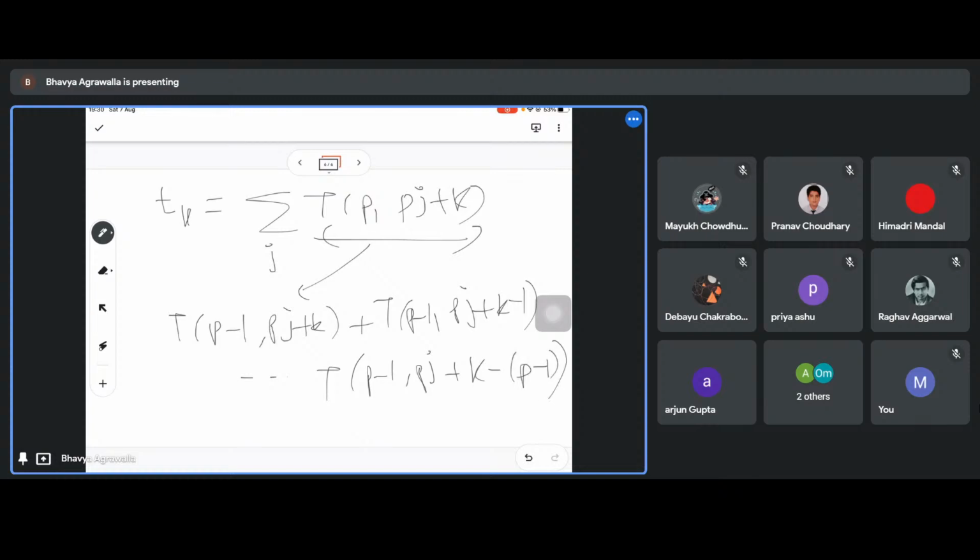From a previous lemma, and you have to sum this over all integers j. So this is basically the sum over all integers of t of p minus 1 comma s, right? Because for every pj plus k, what is this thing? This thing is just p minus 1 j plus k plus 1, right?